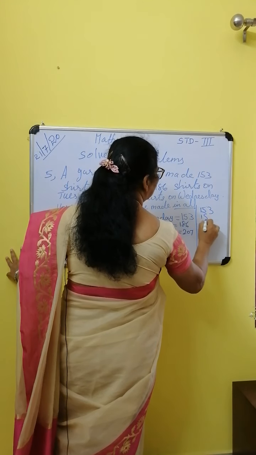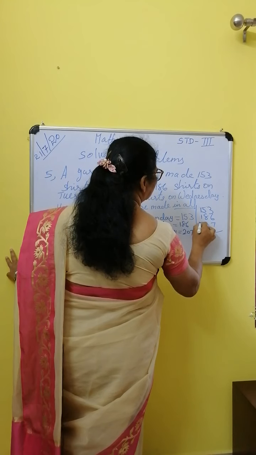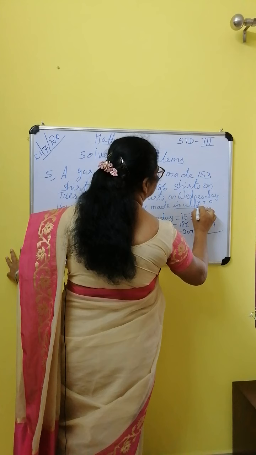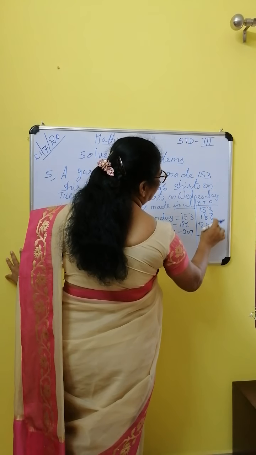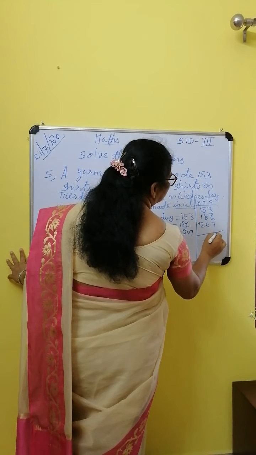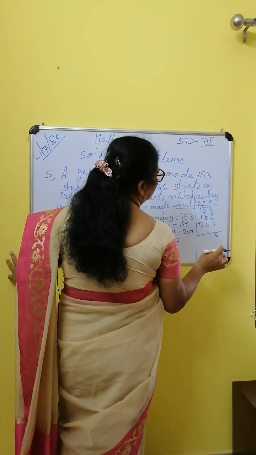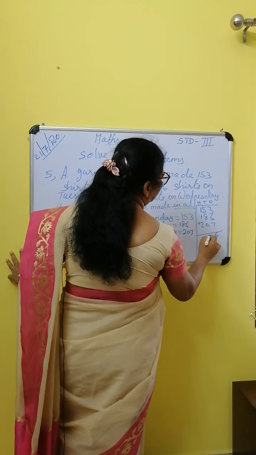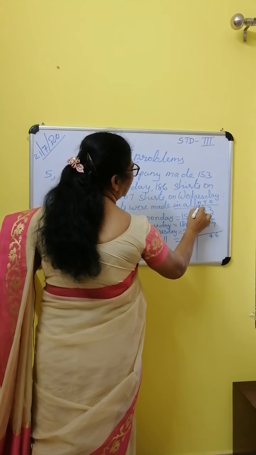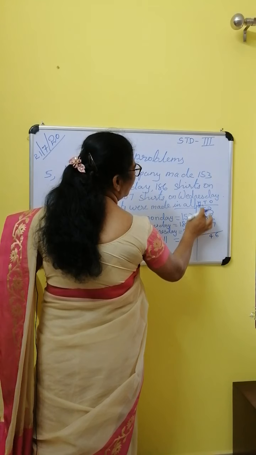153, 186, 207. Okay, ones, tens, hundreds. 3 plus 6, 9. 9 plus 7, 16. 1 remainder. 8 plus 5, 13, plus 1, 14. 1 remainder. 1, 2, plus 2, 4.